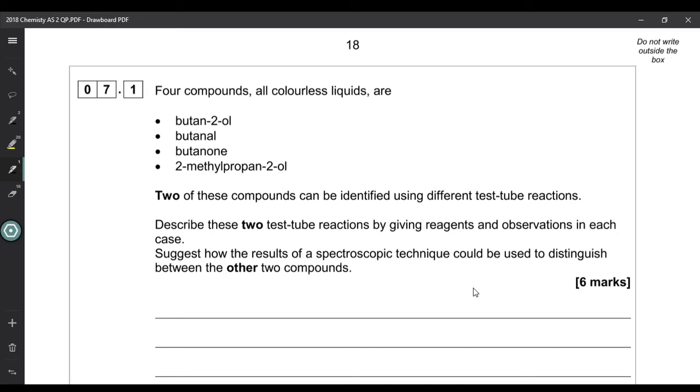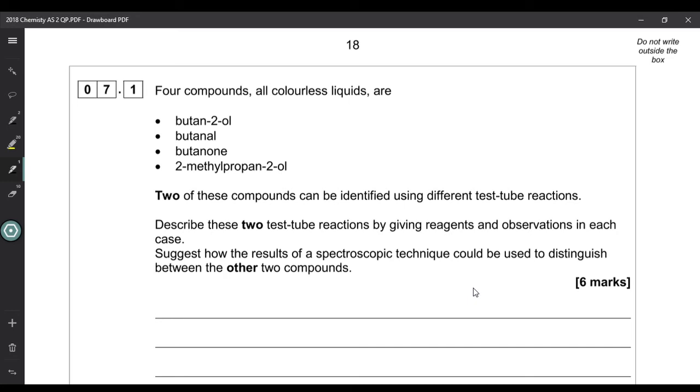So during the exam, many students approach this question as if they already knew which compound was which. But you know, you don't. You've got to write as though you're starting with 4 compounds or 4 solutions that you've no idea what they are.